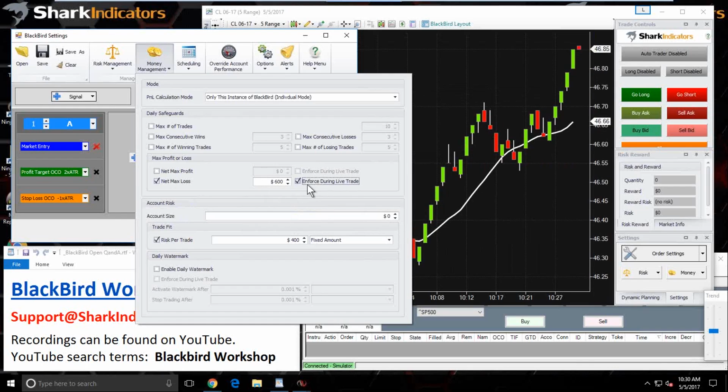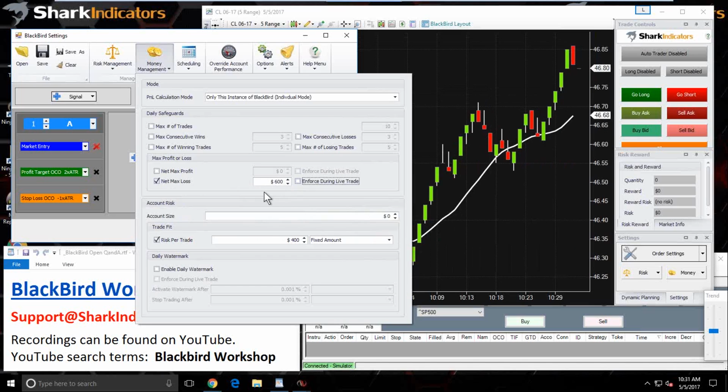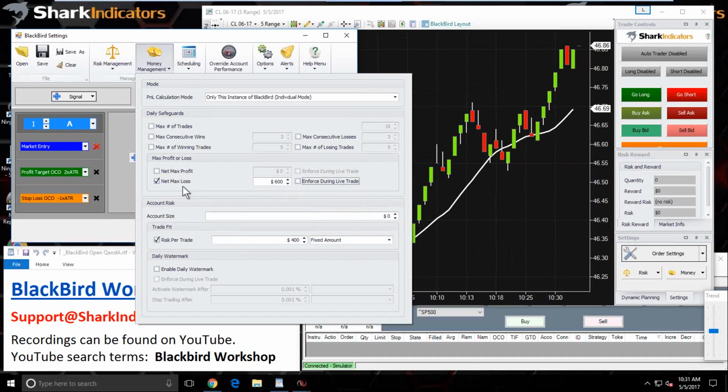Normally, if the enforce during live trade is off, and that's the default setting, then as soon as the trade closes out, as soon as your stop loss gets hit and it becomes a realized profit or loss, you get a new calculated realized.